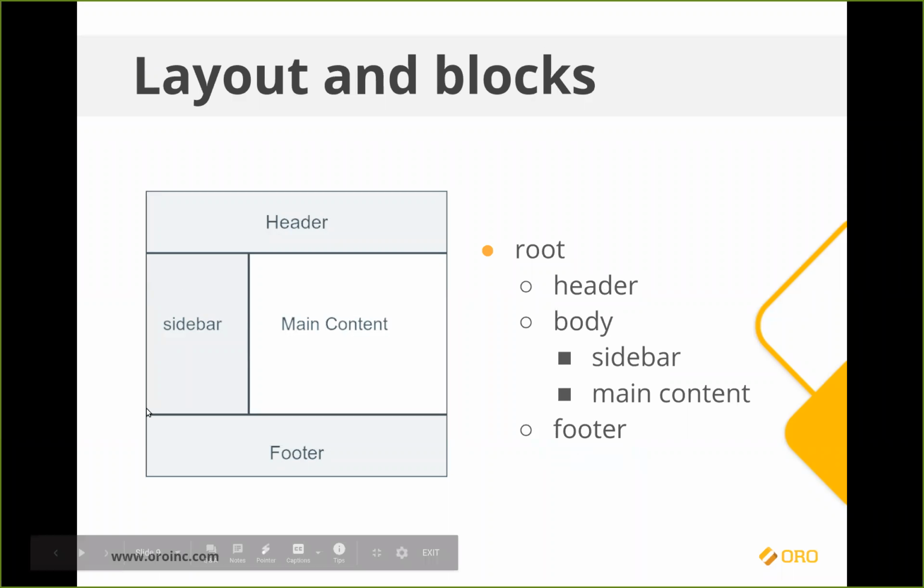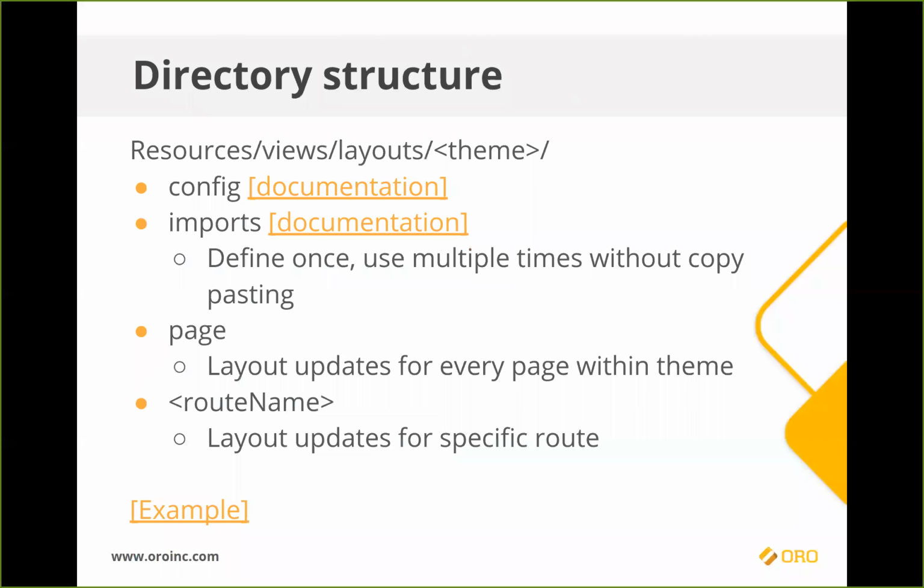And the body is split into two other blocks called sidebar and main content. So I think you got the idea. You have a tree, and the tree represents the blocks you have on your page. And every block is just a piece of HTML which will be rendered on your page.